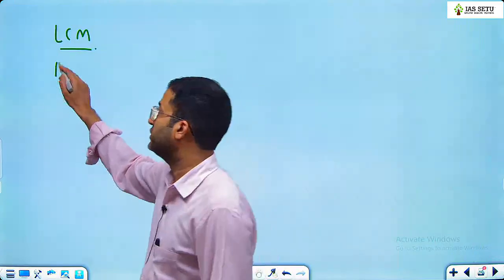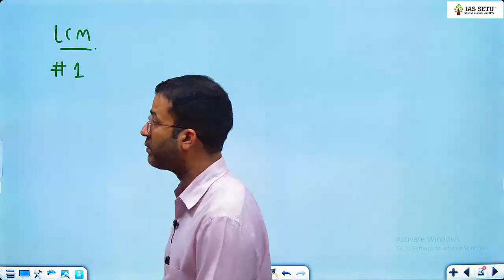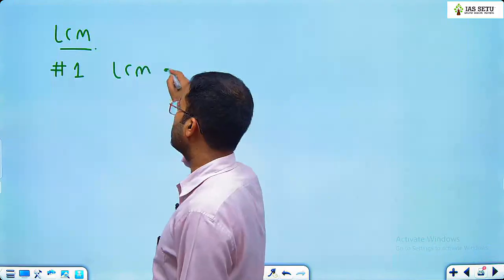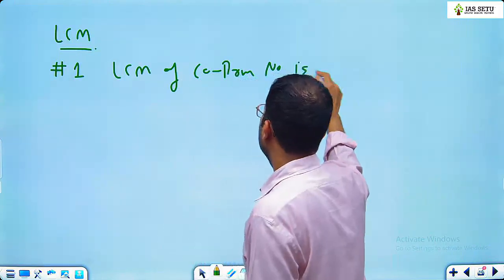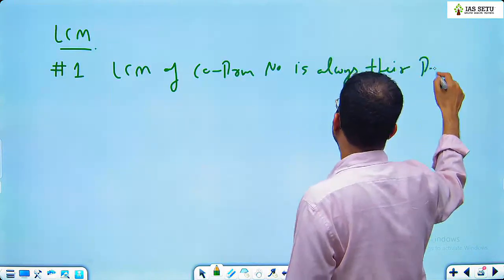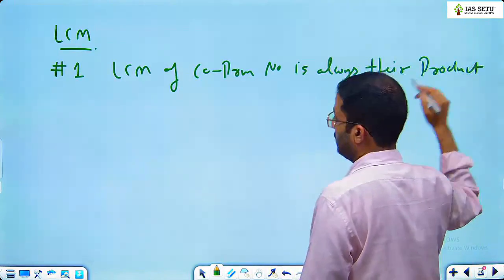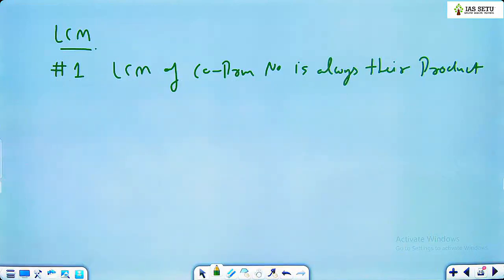First observation here for LCM, which I have already discussed with you when I discussed co-prime. So you write: LCM of co-prime numbers is always their product.